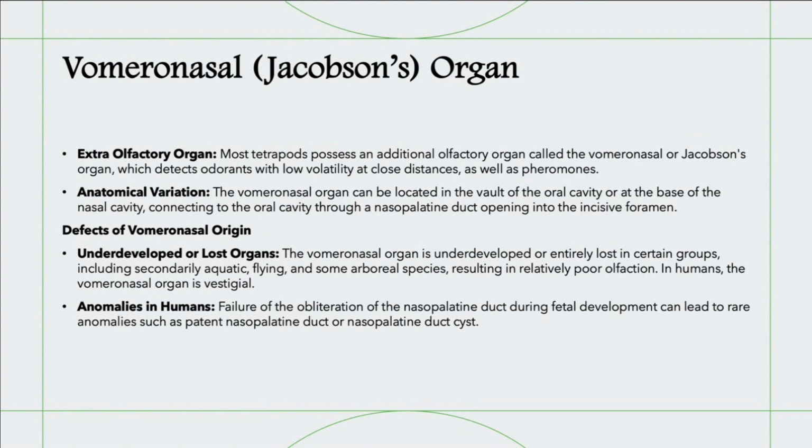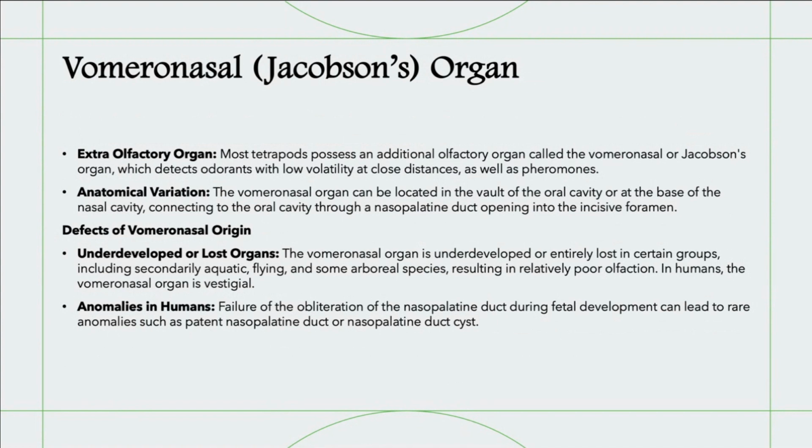The vomeronasal organ can be found in the vault of the oral cavity at the base of the nasal cavity, and it connects to the oral cavity through a duct called the nasopalatine duct. Then, the defects of the vomeronasal organ: it is underdeveloped or entirely lost in certain groups, including secondarily aquatic, flying, and some arboreal species.